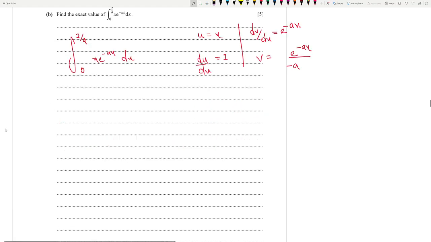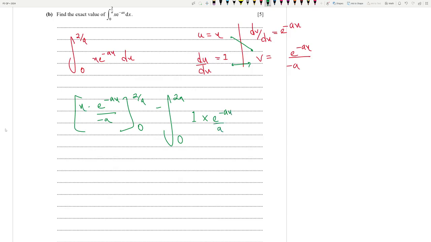Let's do this. It's uv first. So x times e to the power minus ax by minus a, and over here we have to integrate this again. I won't input the limits yet. x e to the power minus ax by minus a.